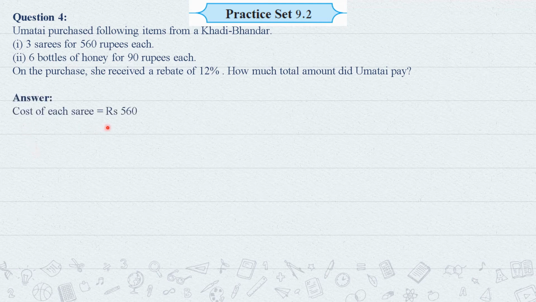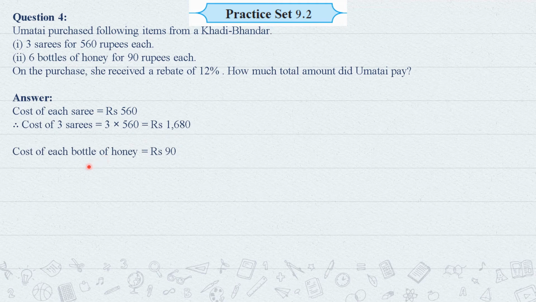Cost of each sari is rupees 560. Cost of 3 saris will be 3 into 560, that is 1680 rupees. Cost of each bottle of honey is rupees 90. So we can find the cost of 6 bottles, that is 6 into 90, which is rupees 540.